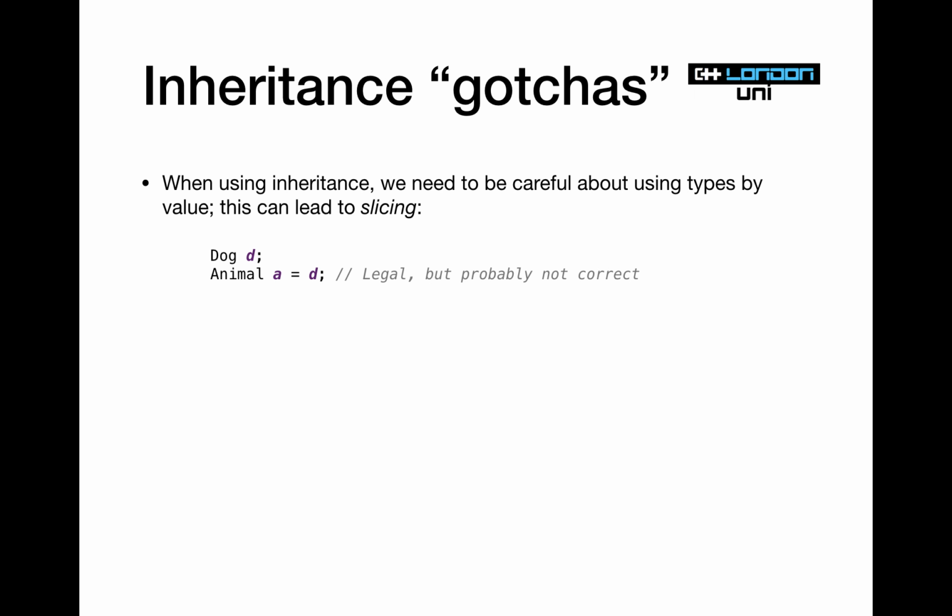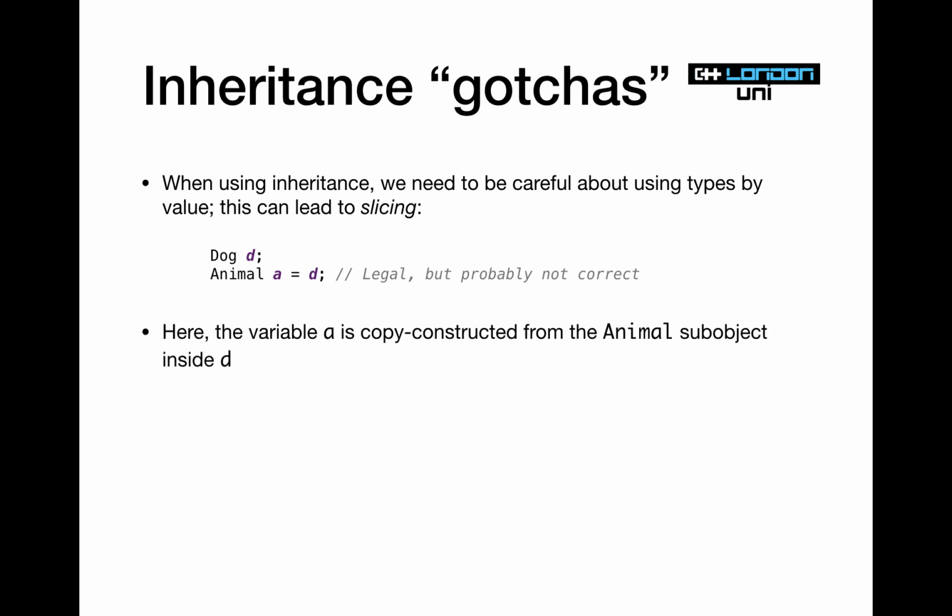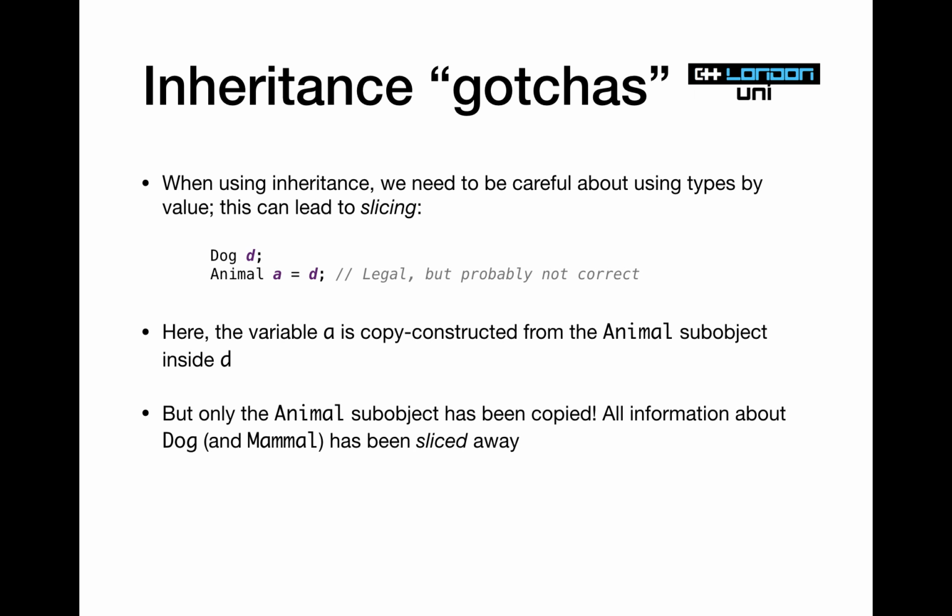So all this does is copy this base class subobject and create a new animal using a copy of the base class subobject. What are the implications of doing that? What it means is that all we've got now is a copy of the animal bytes that were inside our dog.